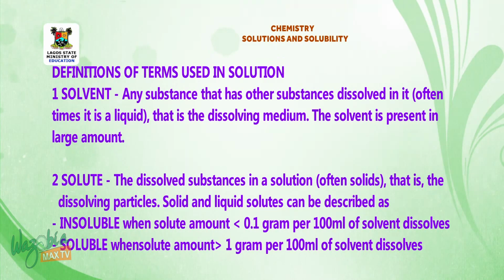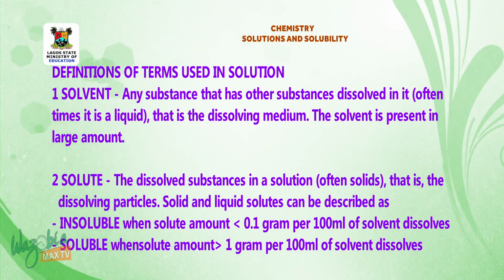Definition of terms used in solution. Number 1, solvent. Any substance that has other substance dissolved in it. Oftentimes it is a liquid, that is the dissolving medium. The solvent is present in large amount. Number 2, solute.